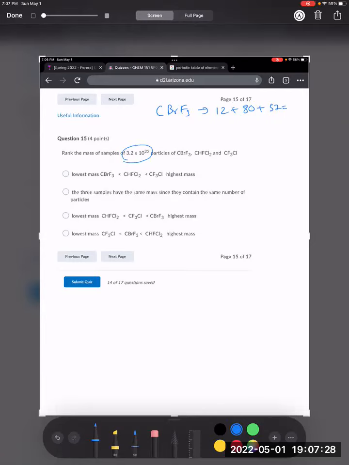Let me check that. Okay, so we have 12 plus 80 plus 57 is 149. Yeah, 149.